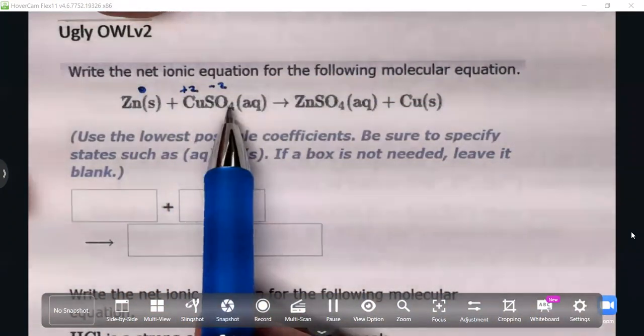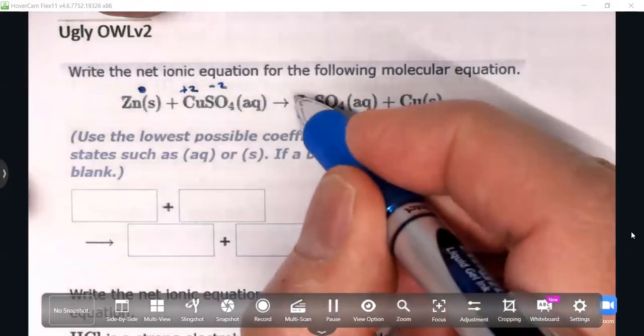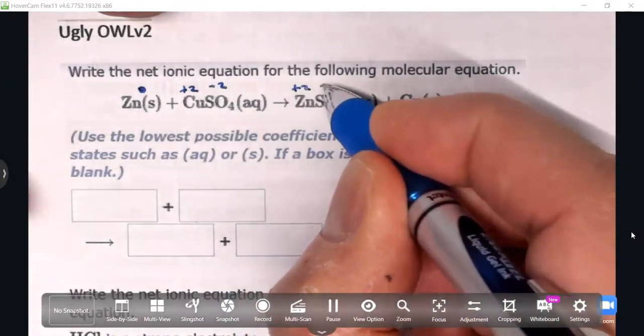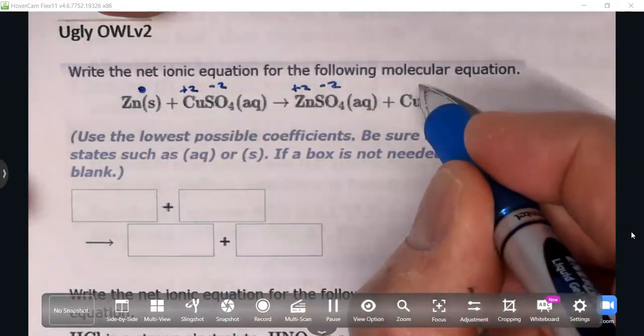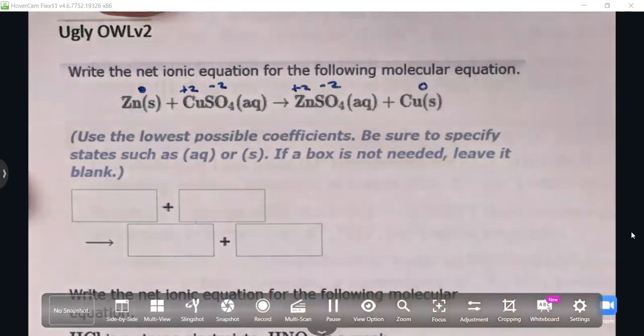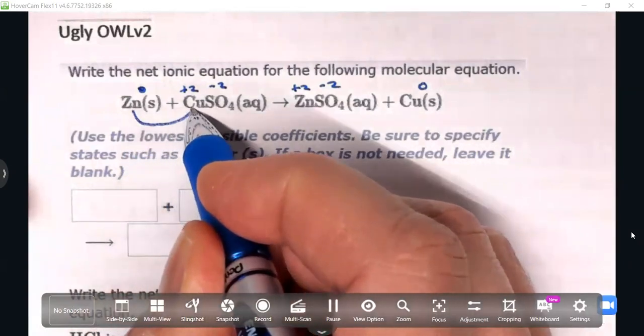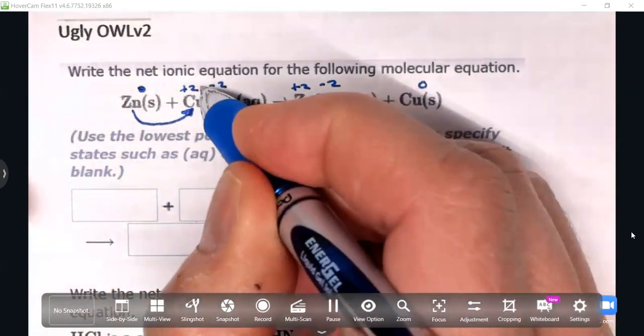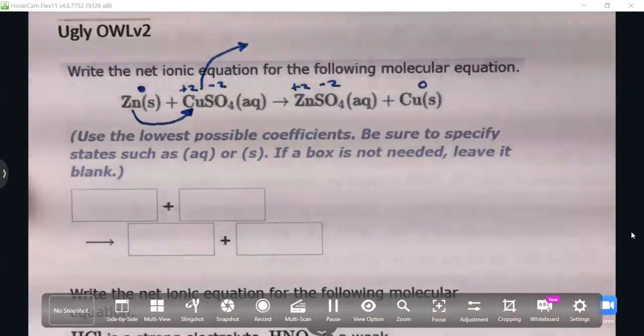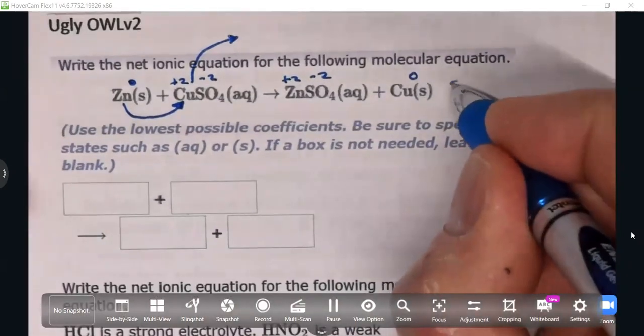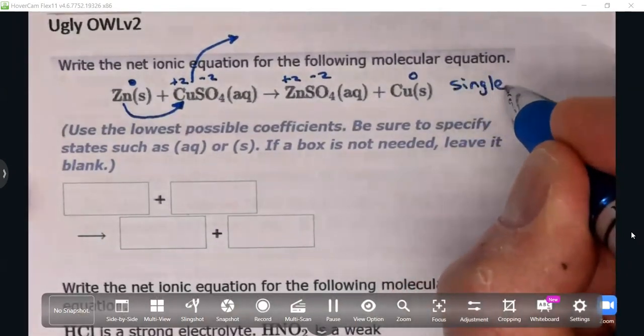This is copper 2 sulfate. This is zinc sulfate. And this is solid copper. So we would call this actually a single replacement reaction. Single element replaces another one.